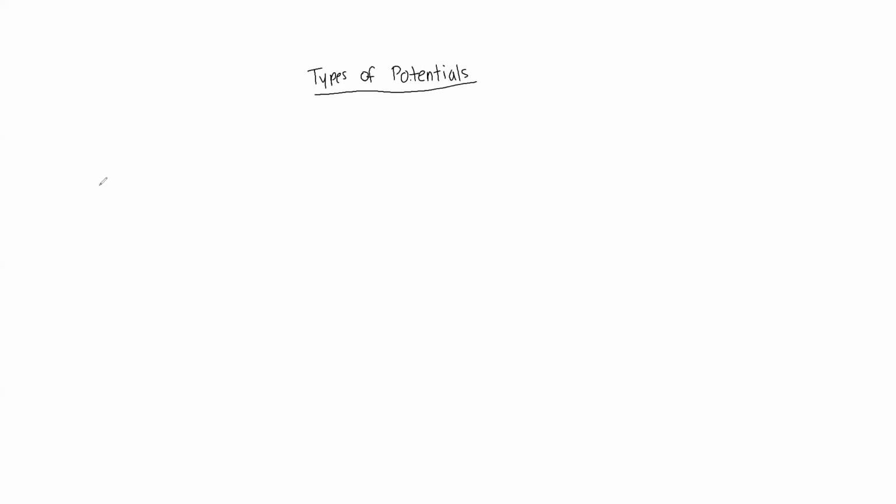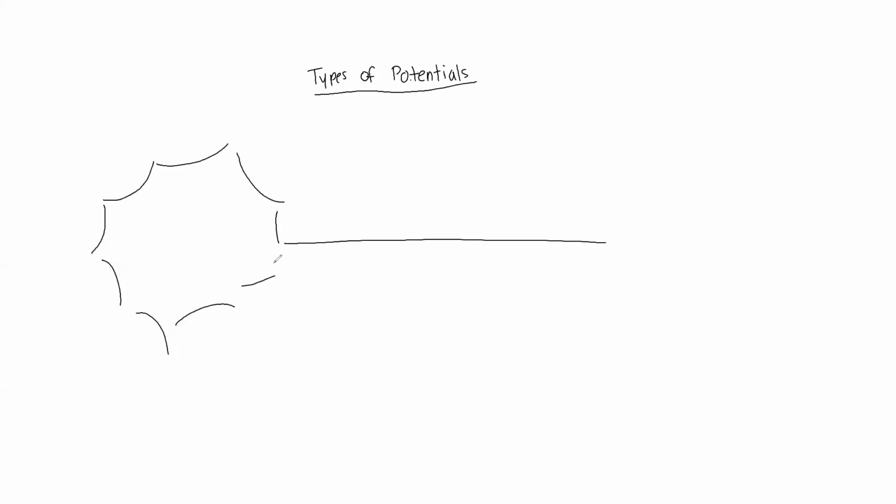Let's first start by describing what a neuron looks like. So on a neuron, we've got the proximal portion, which is described as the cell body, sometimes called the soma. We've got the longer central portion, which is the axon.